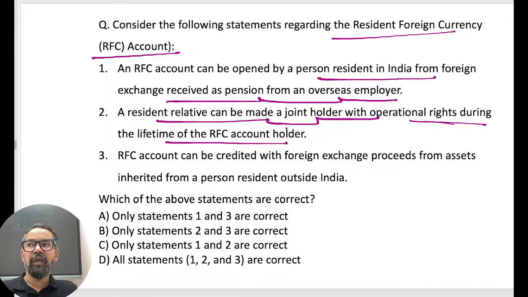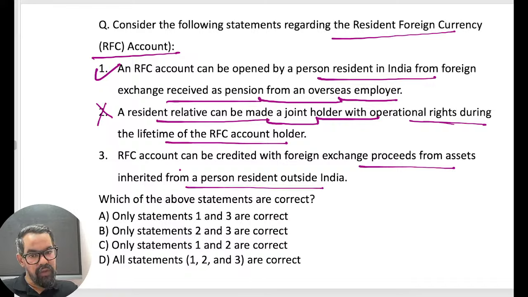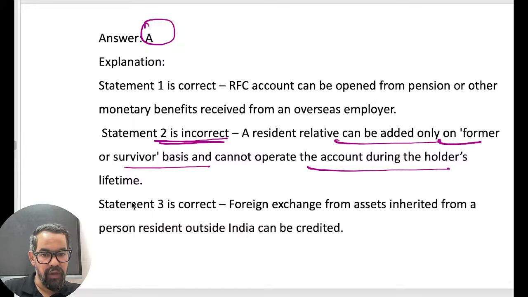It is basically on the basis of former and survivor, not on a permanent basis. An RFC account can be credited with foreign exchange proceeds from assets inherited from a person resident outside India. Yes, exactly, this is the purpose. So 1 and 3 means again A will be the right answer for this particular question.